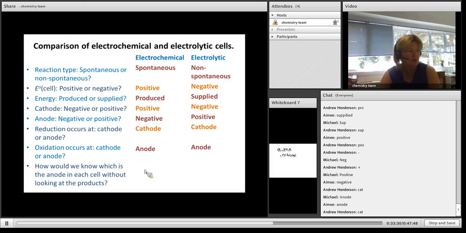How would we know which is the anode in each cell without looking at the products? So we don't know if reduction or oxidation is happening. If we just went to the previous slide and looked at those, how would I know which one's the anode? So I'm just going to go back.